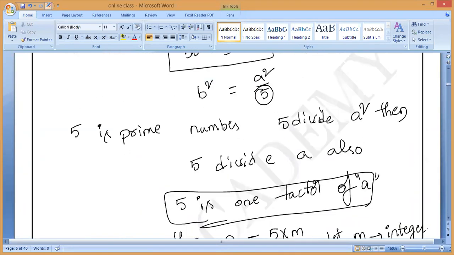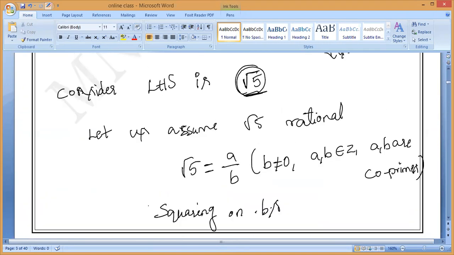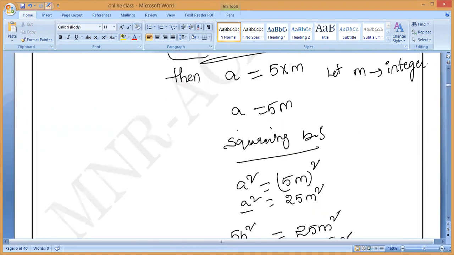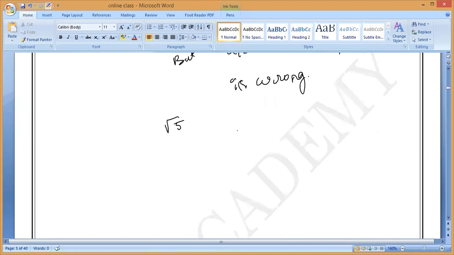What is our LHS? LHS is root 5. Our assumption is that root 5 is rational. So root 5 is irrational.